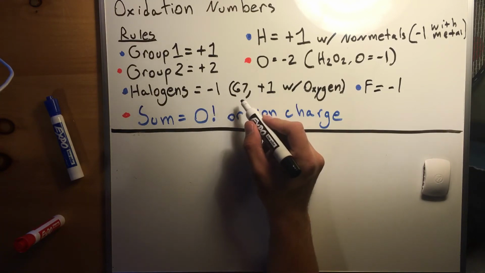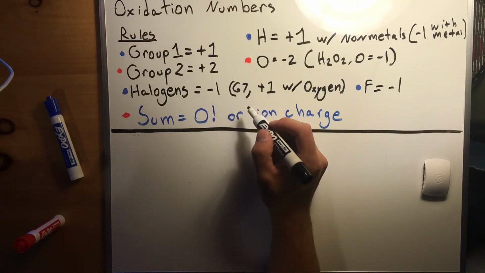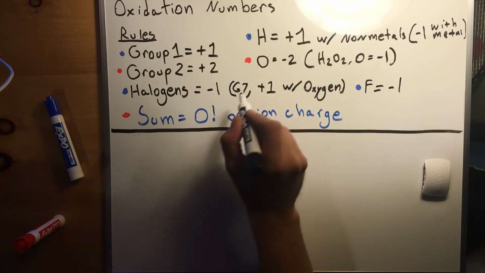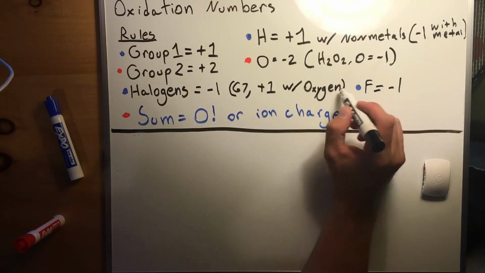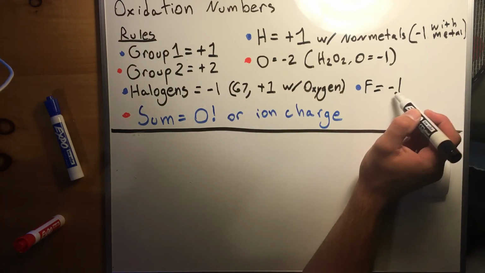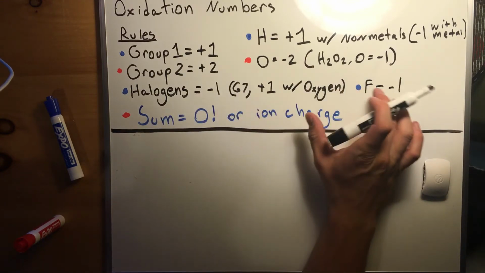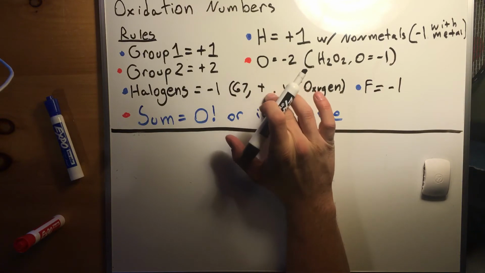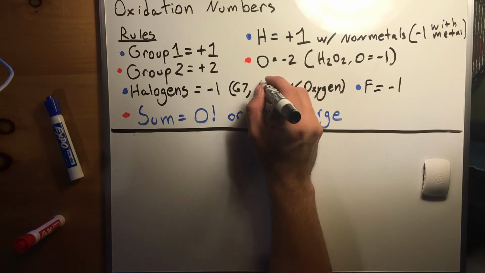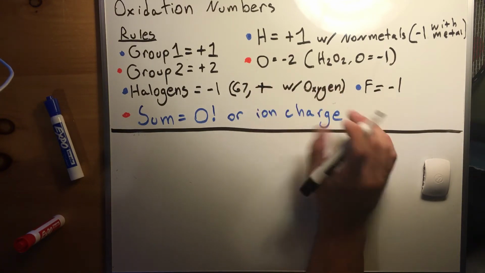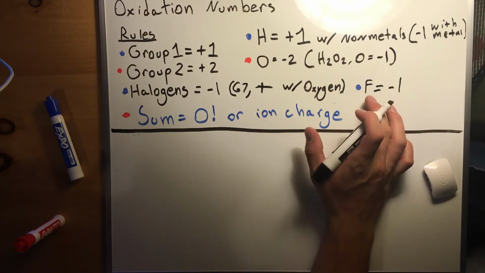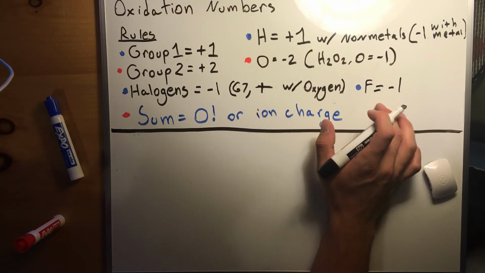It's called group 7 also, or 17 if you're just counting the columns. There are some exceptions. Chlorine, bromine, iodine, they can be positive with oxygen, where fluorine is always going to be negative.